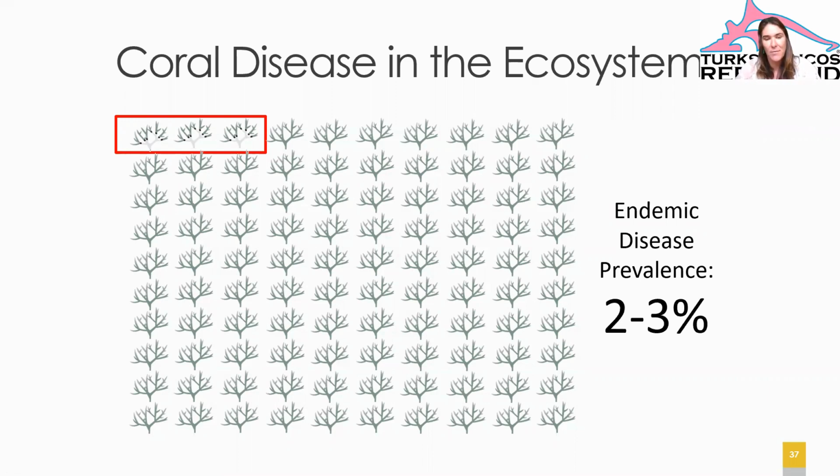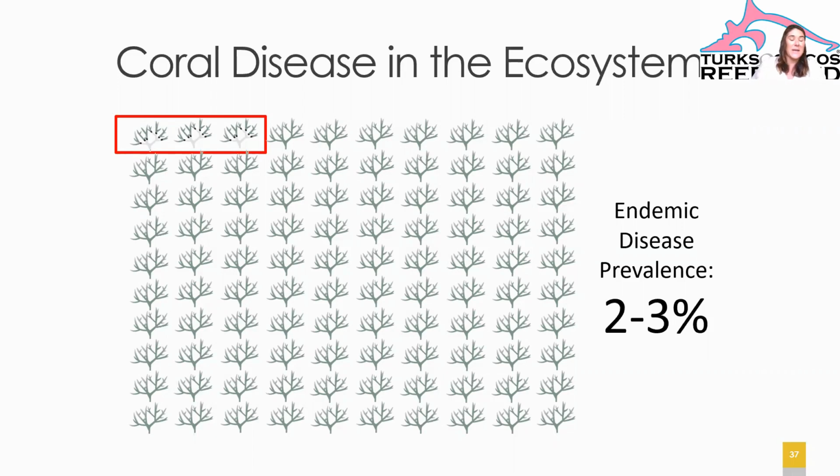Unfortunately, we don't have that kind of baseline data yet here in the Turks and Caicos, which we're working on getting now for the future. But in Florida, they say that they have an endemic disease prevalence of around 2 to 3%. And I would say we're probably similar here, if not less, right? With the fact that we have incredibly healthy and clear waters as well.